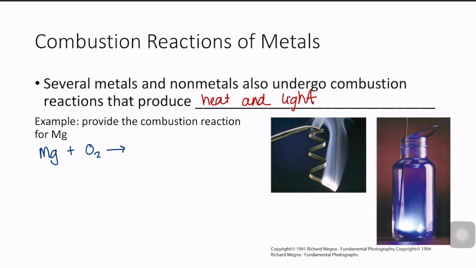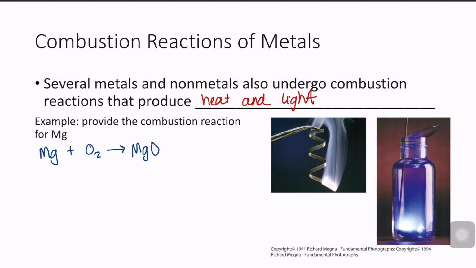And this is going to be a synthesis reaction because I have magnesium by itself, oxygen by itself, and they're going to combine to make magnesium oxide. Now, magnesium is a 2 plus ion. Oxide is a 2 minus ion, so it's going to be charge neutral as it's written. I don't have to add any coefficients.